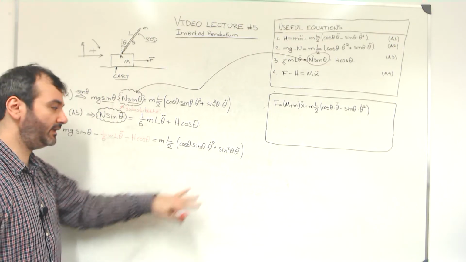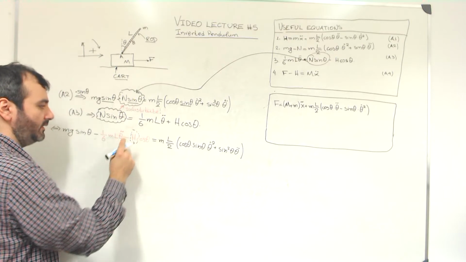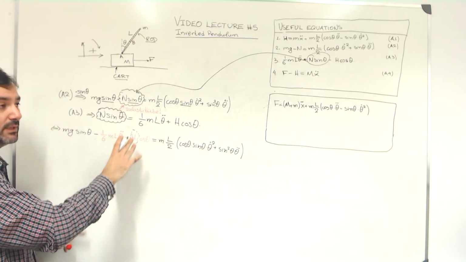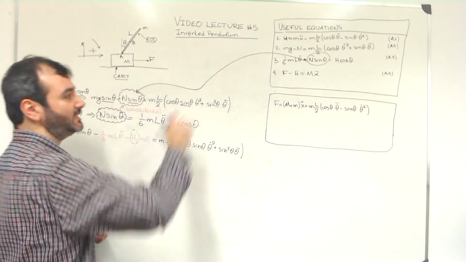It would be fine were it not for h that now shows up here. But we have an equation that gives us exactly h, and this is a1.